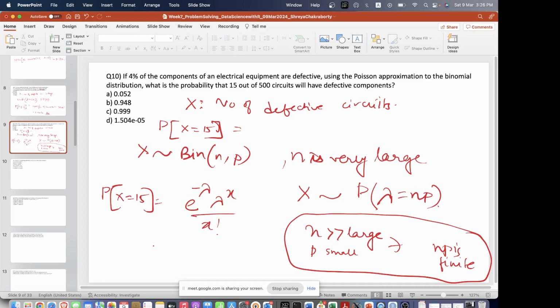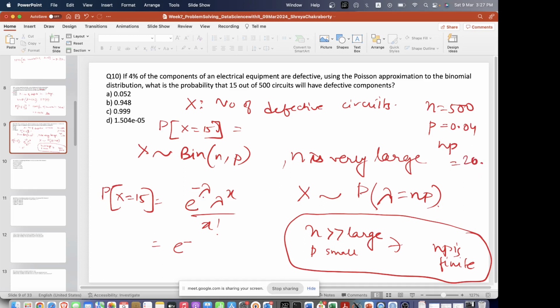So this you can calculate: e to the power minus lambda, where lambda is n times p. n is 500, and p is 0.04. So NP would be 20.